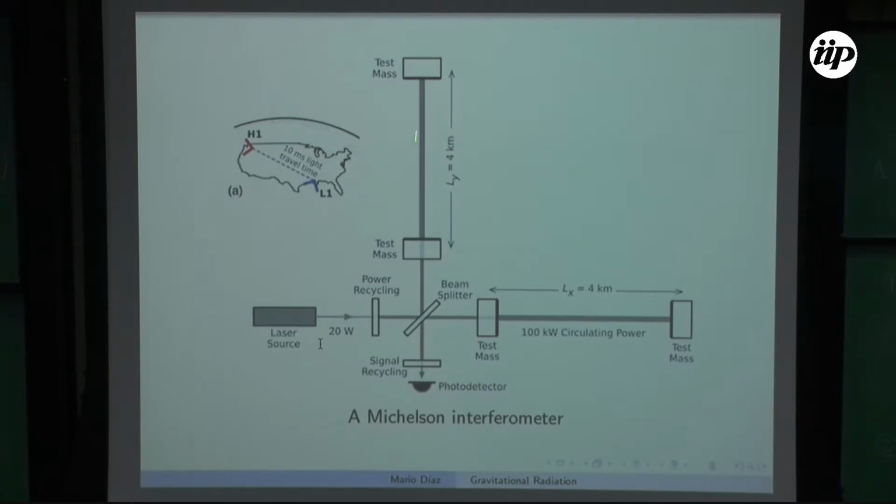In actuality, these are cavities where the laser beam is made to bounce many times to increase the total power circulating here. The lasers that are being used now are 20 watts, but the idea is to eventually take the design sensitivity to about 200 watts.